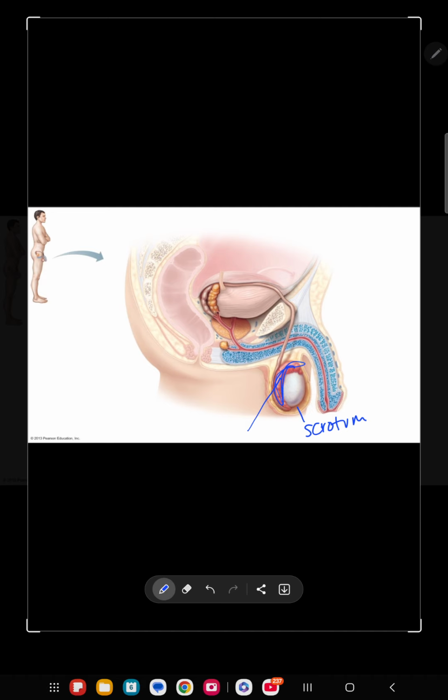This little weird shaped thing in the testes, in the scrotum, is the epididymis. And then this little weird looking thing right here is the seminal vesicle.